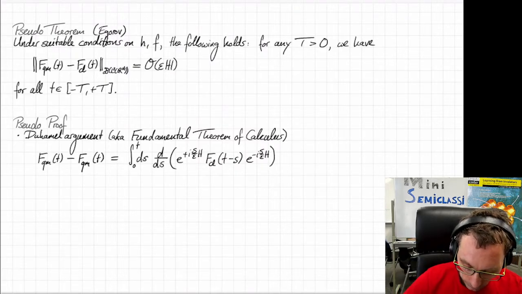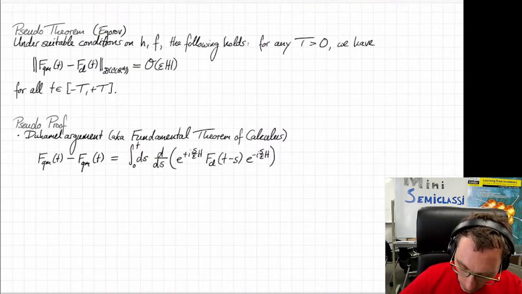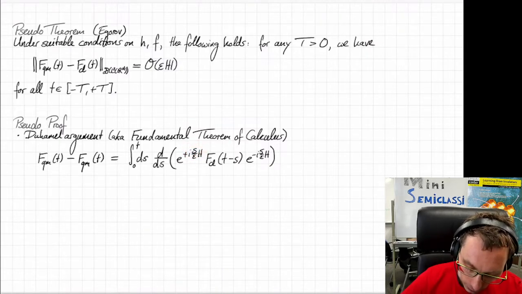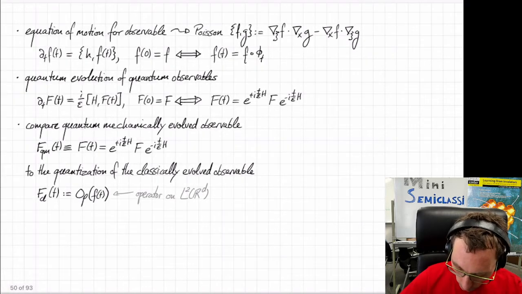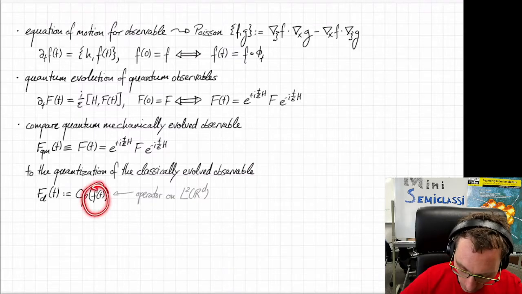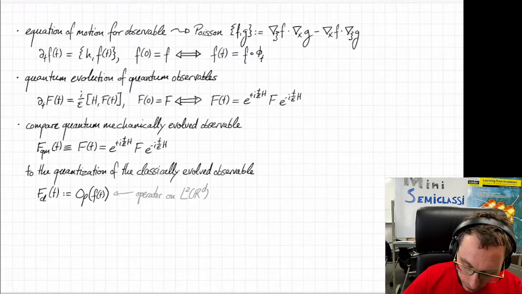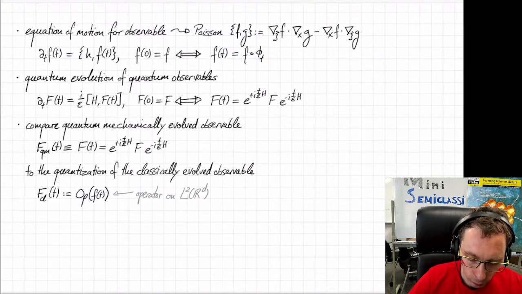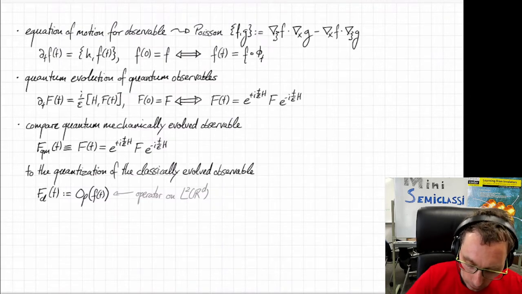So let's check if this is correct. Okay, if we set s equals to t, then this gives us e to the plus i t divided by epsilon h. Okay, that's good. If I set s equals to t, I have f classical evaluated at 0. Okay, f classical evaluated at 0 is the quantization of small f at 0. And because phi evaluated at t equals 0 is the identity, you can view the classical flow as a group representation.